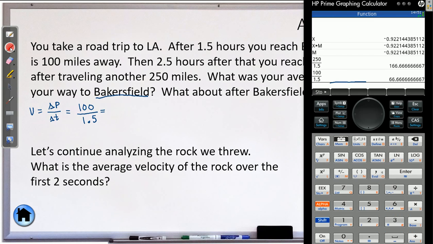So 66.6 miles per hour. Now that may not look like the slope between 2 points, but we actually did do the slope between 2 points. The first point was just so easy that we didn't think about it. When we started this trip, 0 time had passed by, and we had traveled 0 miles.